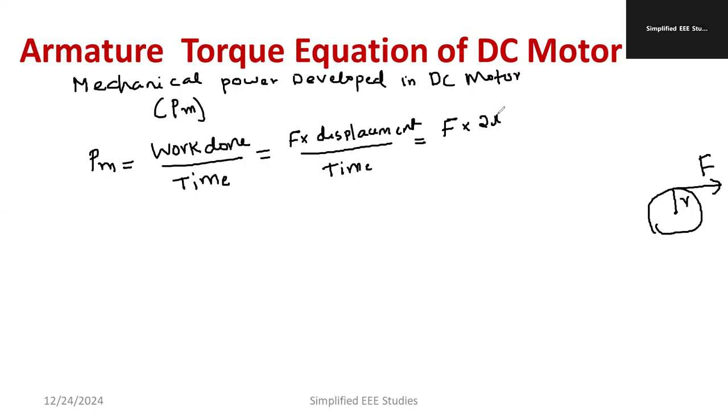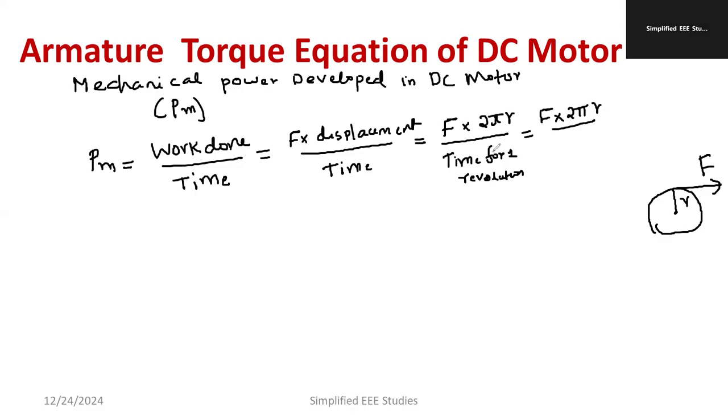That is 2 pi r. So PM is F into 2 pi r divided by the time for one revolution. Please make a note of that.